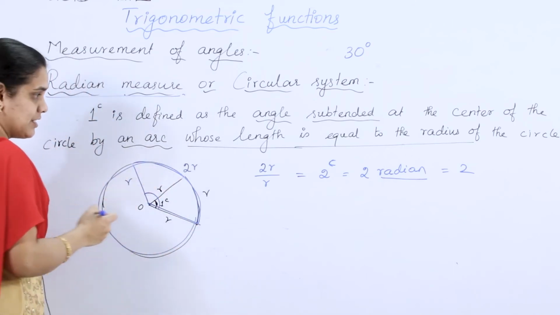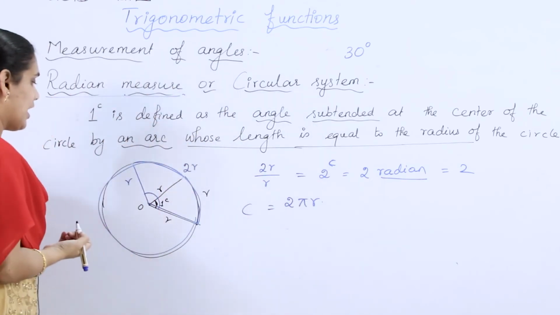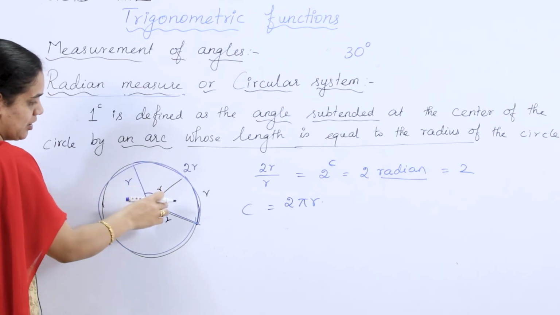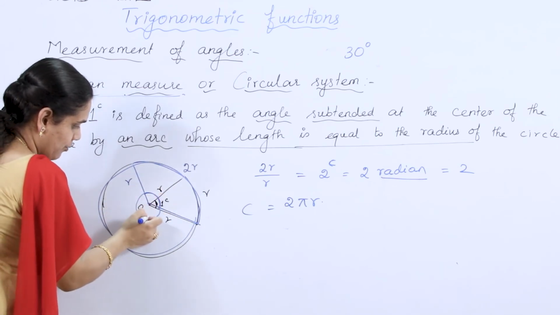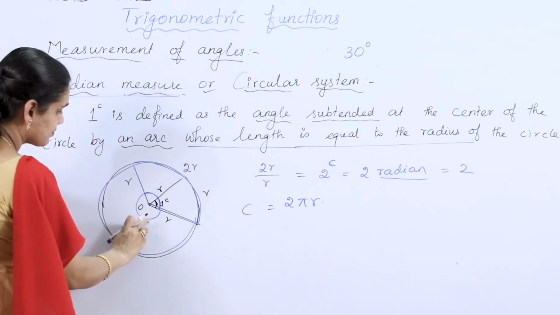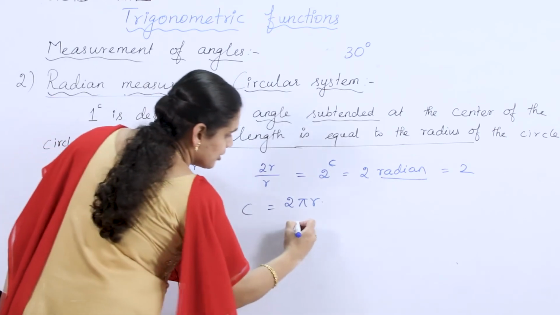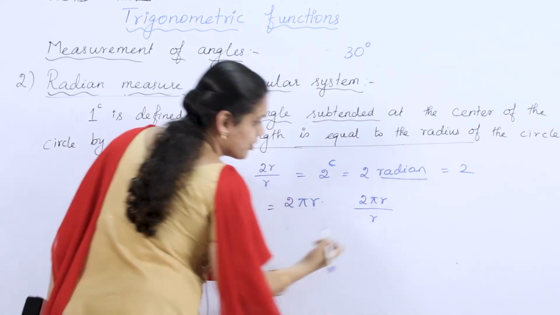And here, what is the circumference of the circle? 2 pi r, isn't it? Circumference of the circle is 2 pi r. Okay, and I want to know what is the angle made by the ray for one complete revolution. So one complete revolution, that is equal to 2 pi r by r, right?